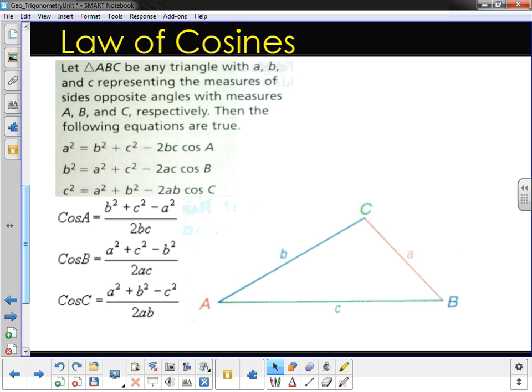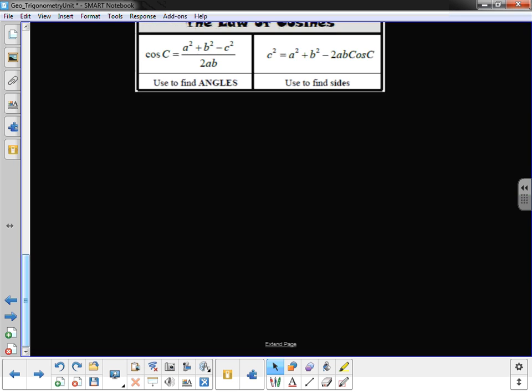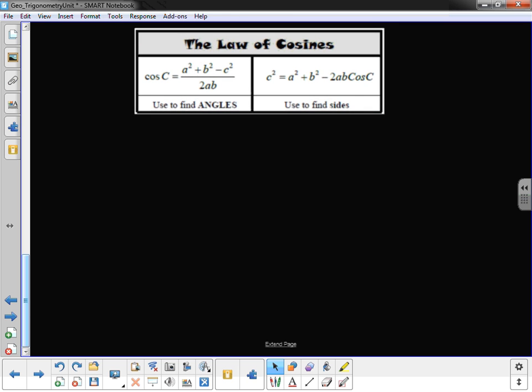Because here's the way it works. If we just look at the very last instance there, say we're looking at c's, I would use the cosine of C. So I would use this one if I'm looking for an angle. If I'm trying to figure out what angle A is, or angle B is, or angle C is, I'm going to use that set of formulas.